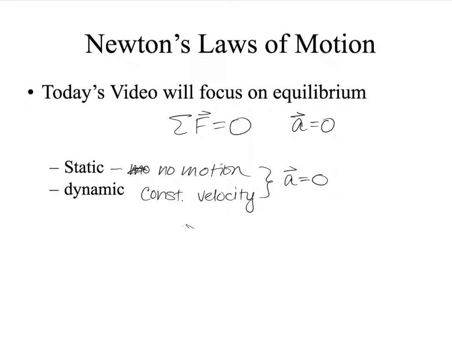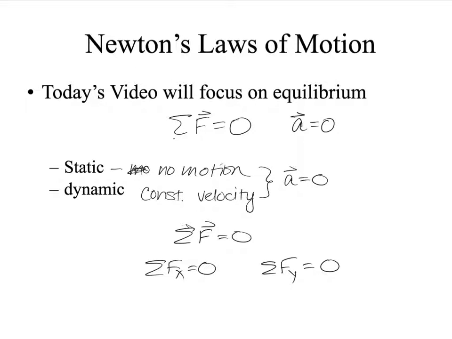When we use the sum of the forces equal to 0, keep in mind that this is going to break down into component form. First we can look at forces in the x direction, and they add up to be 0. And then we look at the forces in the y direction, and those add up to be 0 as well. So this is where it's going to be important for us to remember how to write the components of forces.